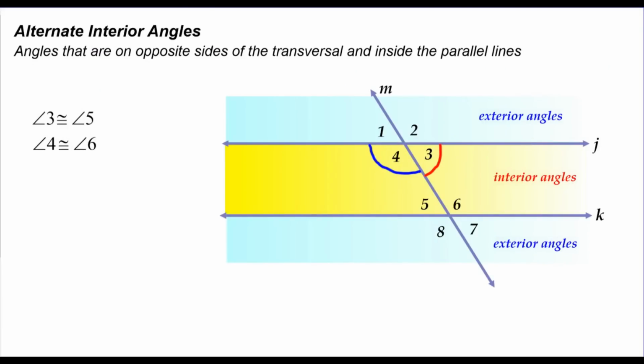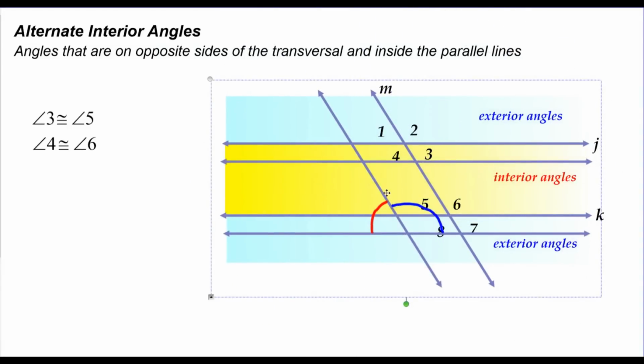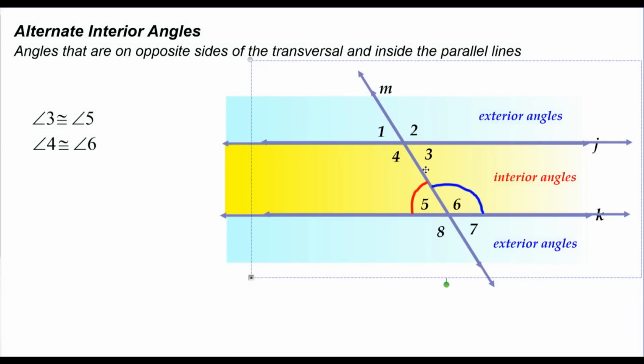Alternate interior angles are angles that are on opposite sides of the transversal and inside the parallel lines. So you can think of it like this. I've got these two interior angles, angle 3 and angle 4. Angle 3 is the red angle and angle 4 is the blue angle. Now if you think about flipping these parallel lines and lining this back up again, you see that now the blue angle is on angle 6 and the red angle is on angle 5.